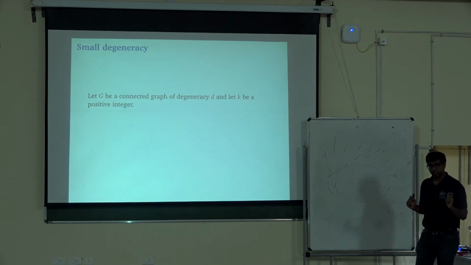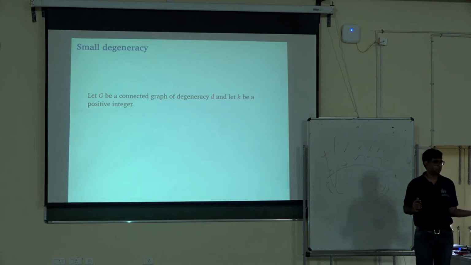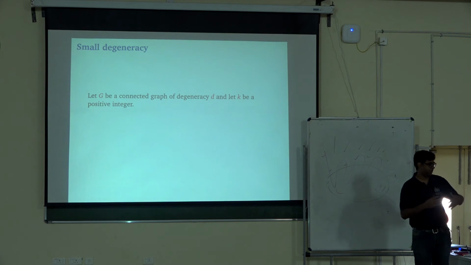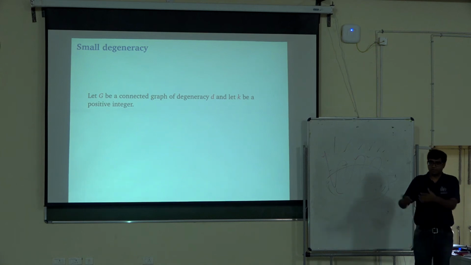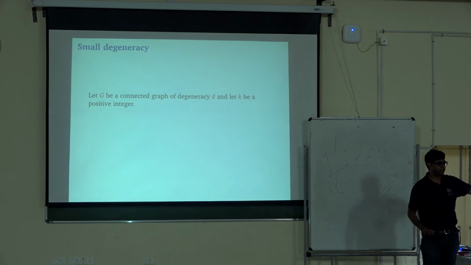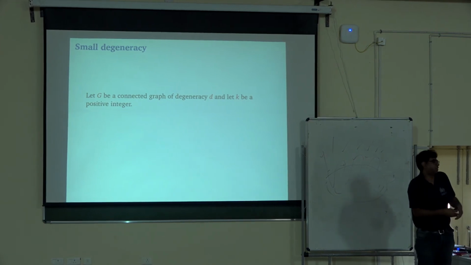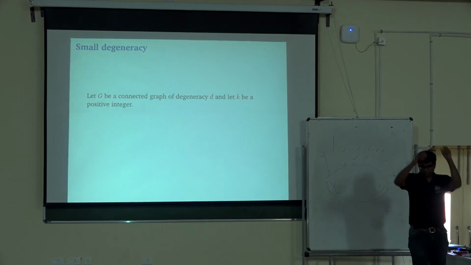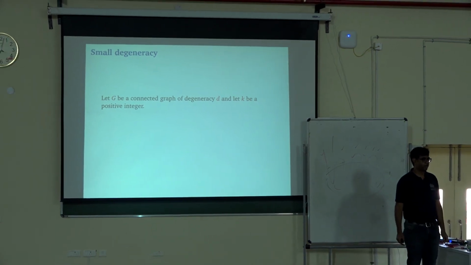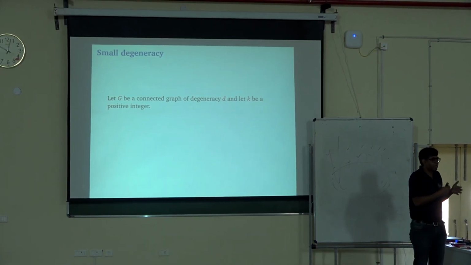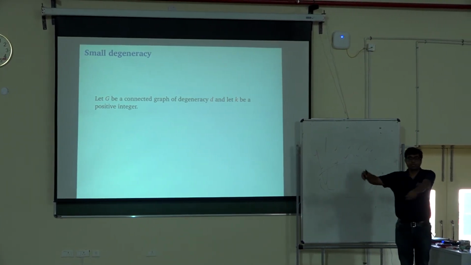So what do I mean by this? Imagine that K is as big as your degeneracy D. If K is like D by 2, then D itself, my degeneracy, is bounded by a parameter of K. Then I can just forget D and say, if D plus K is less than some constant times K, then let's apply the good old longest path algorithm and I'm done, because D plus K is less than 5K or 10K.